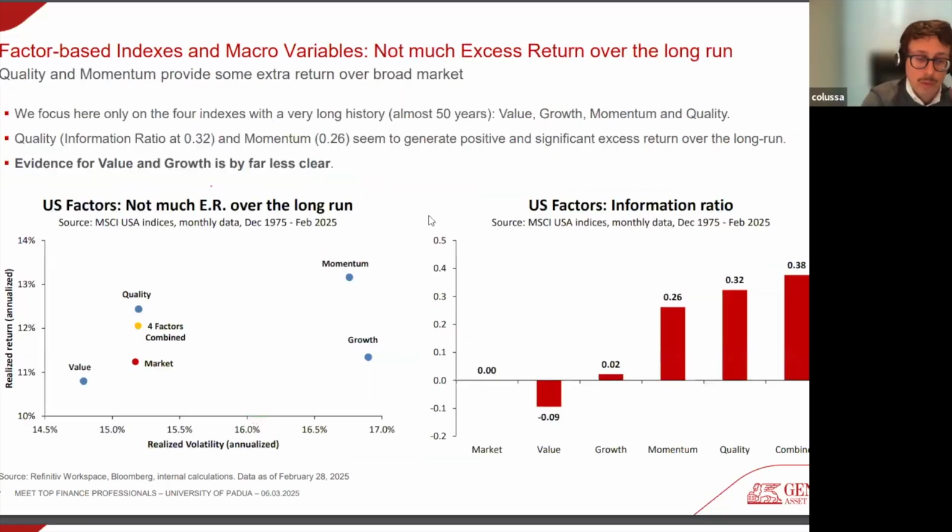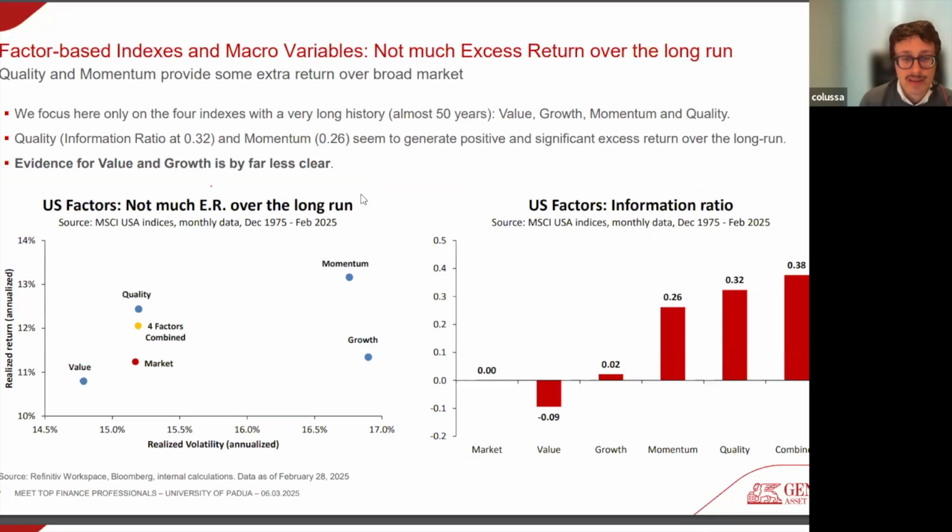Correct, yeah. We can have a better understanding of the long-term potential of this factor in generating excess return. Here I focus again on the foremost, let's say, famous factors: value, growth, quality, and momentum, and also the one for which we had data since '75, so it's almost 50 years of history here.